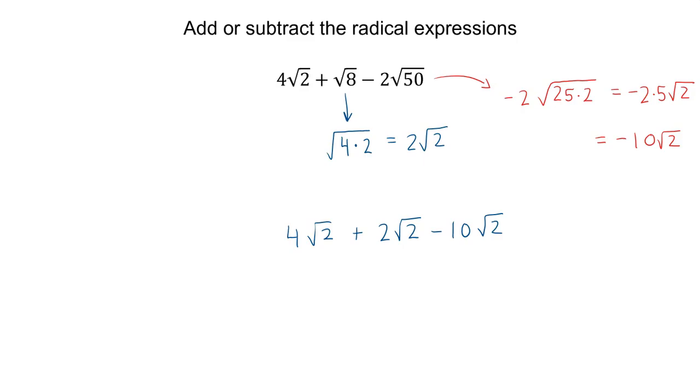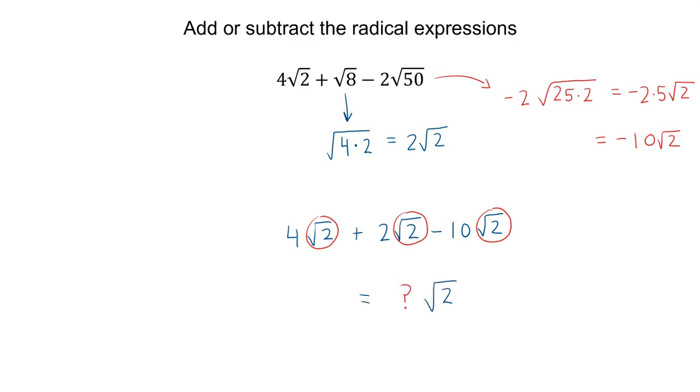Rewriting each of these terms in their fully simplified form gives us the expression 4 square roots of 2 plus 2 square roots of 2 minus 10 square roots of 2. Now that we've simplified the second and third terms, it's easy to see that all three of these terms are like radical expressions. They're all square root of 2 expressions.